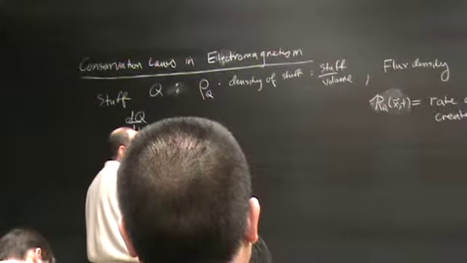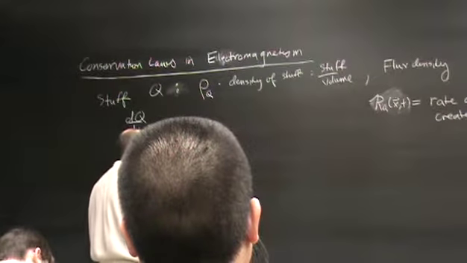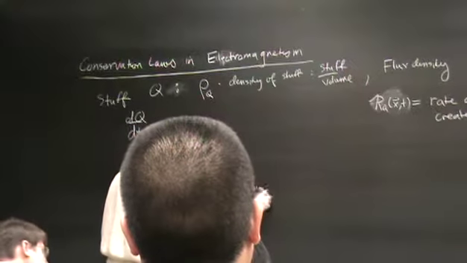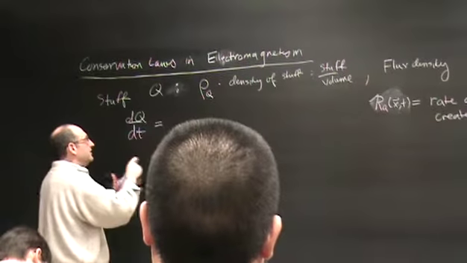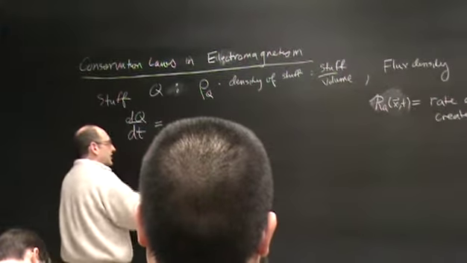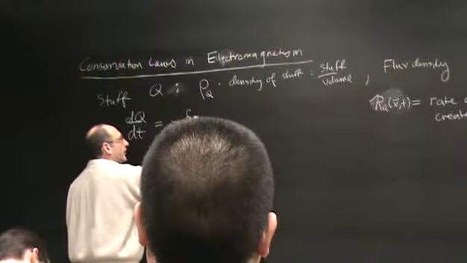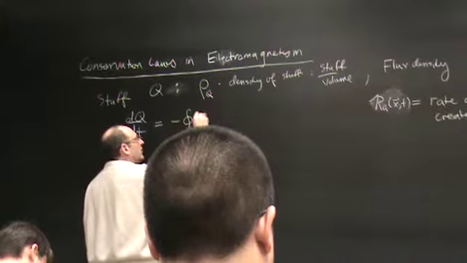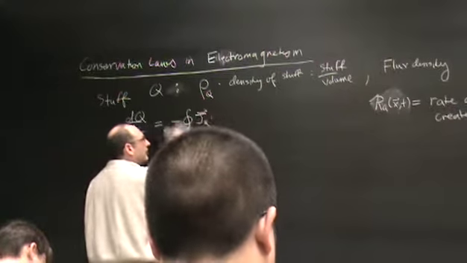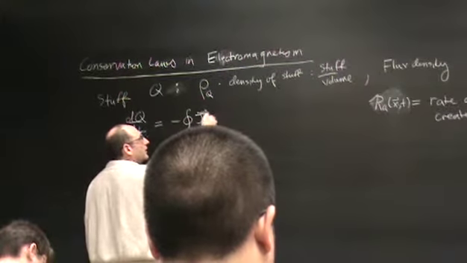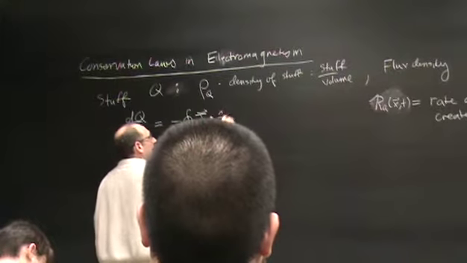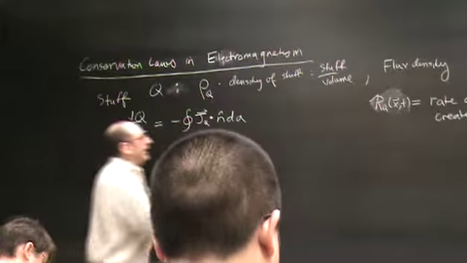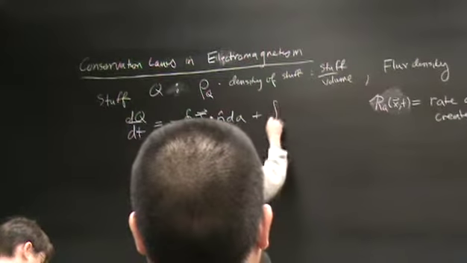Or, you know, I can ask now, how much stuff is there inside this volume? It changes, well, it decreases if the stuff is flowing out of the volume. So I'll make n hat the normal out of it. So I look at the flux of this stuff through that. And it can increase if it's created.